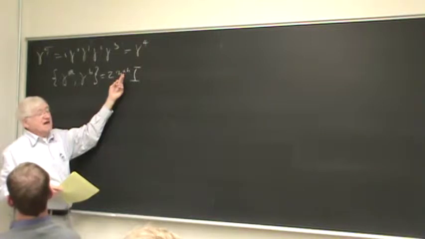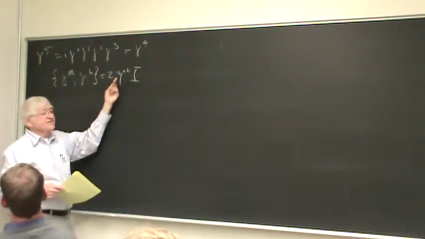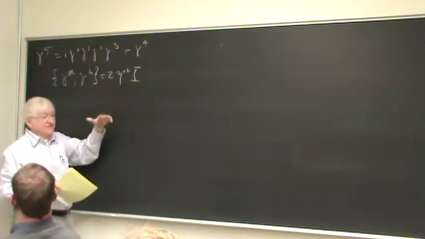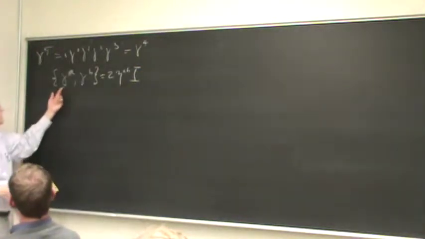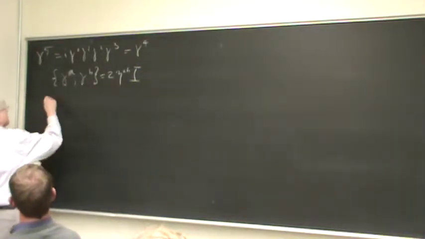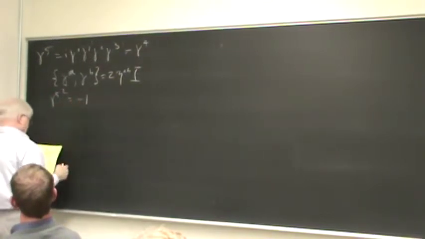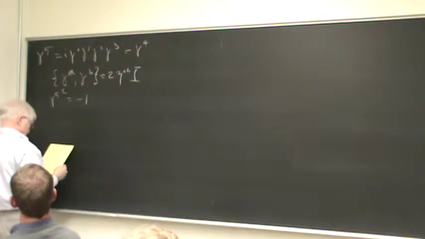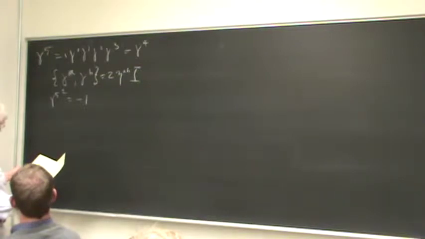A and B go from 0 to 4. So eta is the flat space metric of a space with 4 space dimensions and 1 time dimension. And that's the anti-commutator. So in other words, gamma 5 squared is minus 1. Yes, I don't see it here written as minus 1, but it is. No, I've got 1 there.